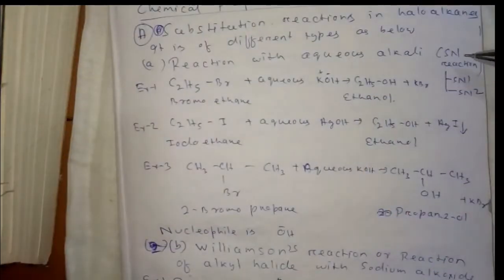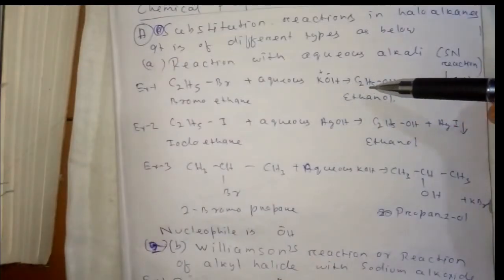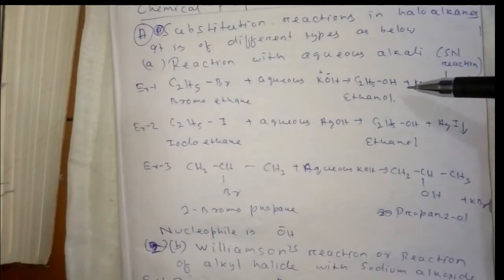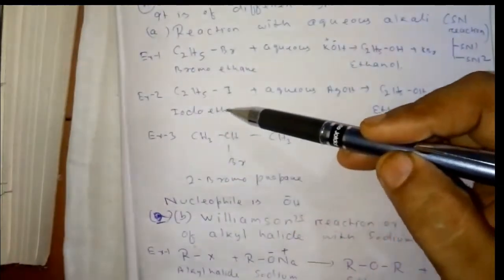So it is called nucleophilic substitution reaction. We get C2H5OH plus KBr. These reactions are very simple. You can remember them easily.